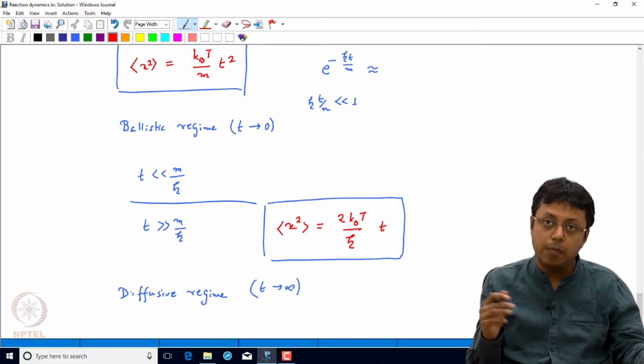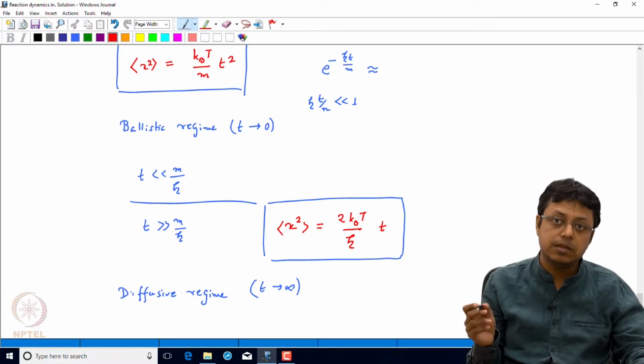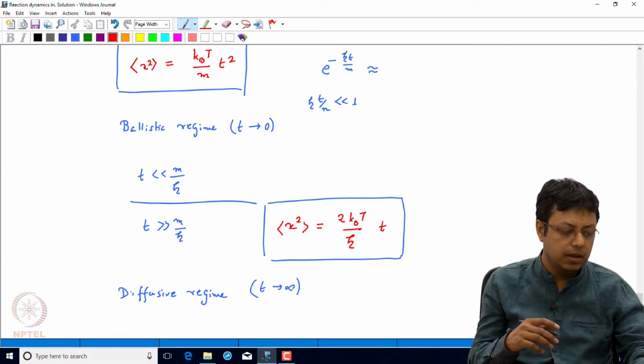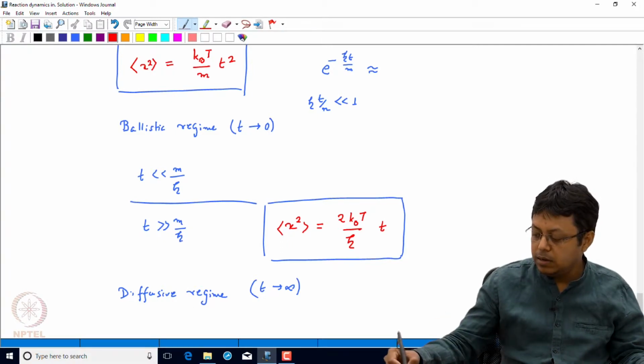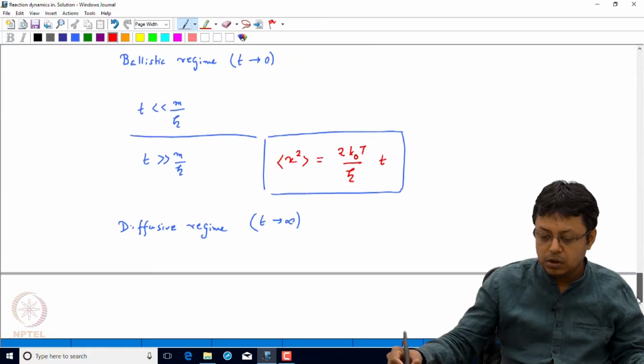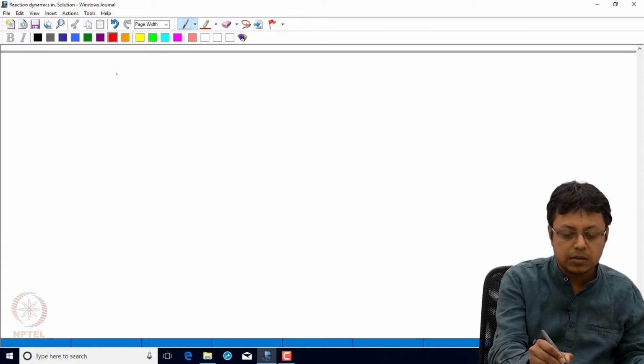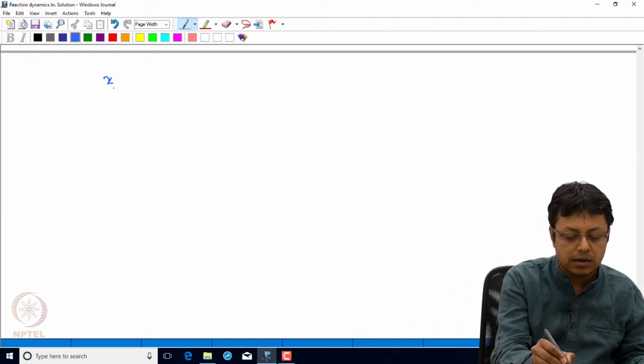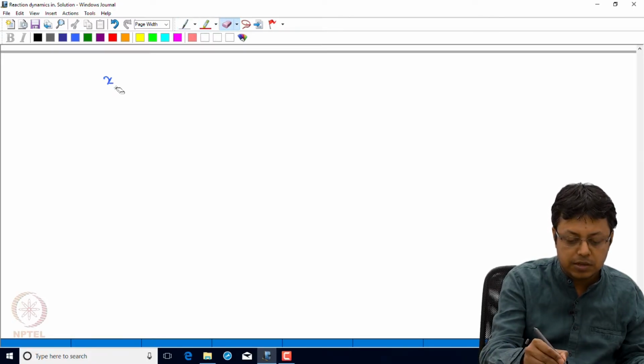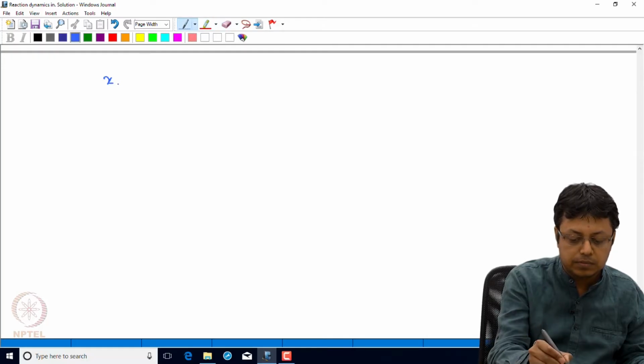Now we can go back and use the mean square displacement formula that we just developed, in the sense that if you remember we were talking about diffusion, and there we solved the RMS deviation. We were using a z notation. In this case I will use x notation because x and z are just arbitrary. So this RMS deviation, or the root mean square deviation, x RMS, square of that is nothing but x square average.